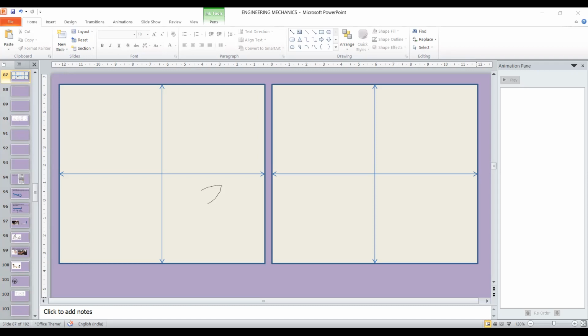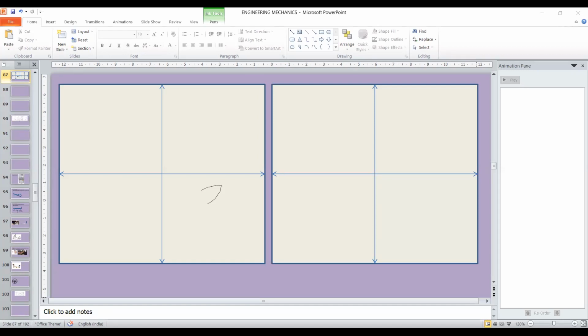Now instead of resolving the force F in the first quadrant, you can just draw the line of action. Okay. So from this point, you can shift this in the third quadrant. Okay.